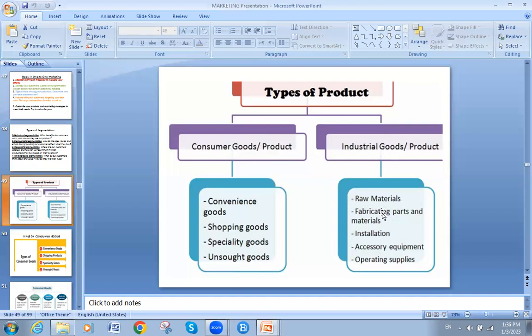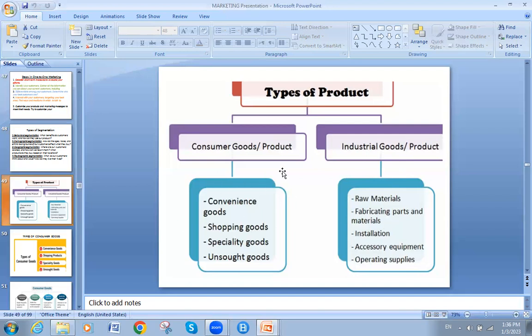But the industrial goods are like the raw materials, fabricating parts, installations, accessory equipment, and operating supplies. You can see even from the types of industrial goods that they are used to generate profit. It's a part of the whole manufacturing system, and it will be used further to generate further profits.